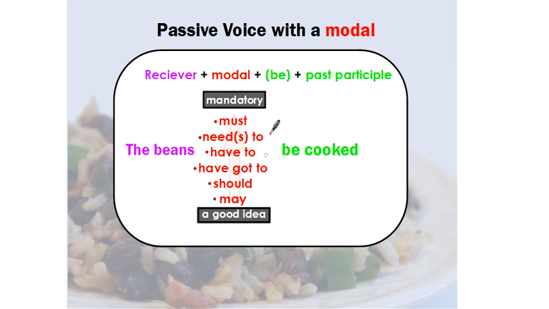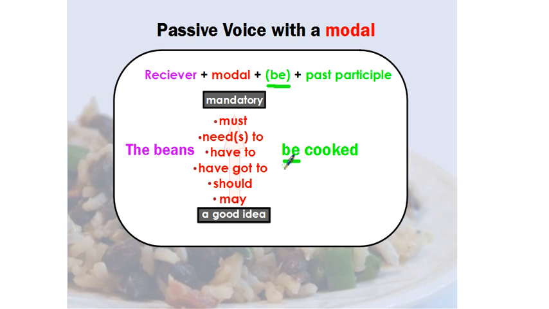So we have different options to express ourselves and what we want to emphasize and the way we want to emphasize it. But remember, the passive voice uses the receiver first, then the modal, then be, and the past participle. Now, when I use a modal, I always use be because after these modal verbs, we always use a base form verb. Always. So be is the base form verb.